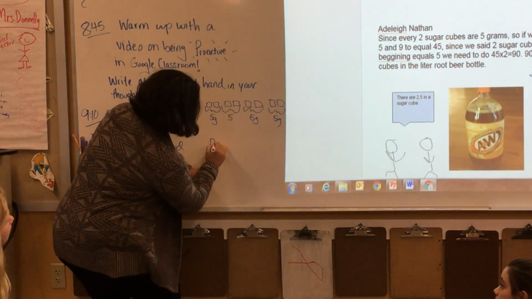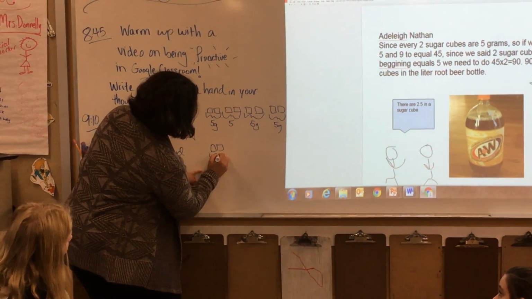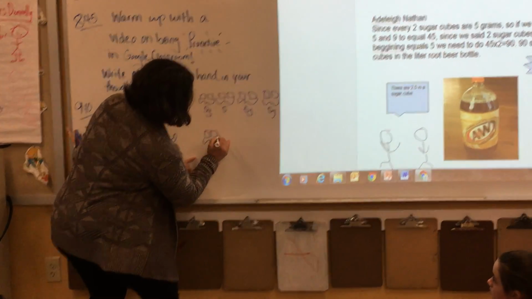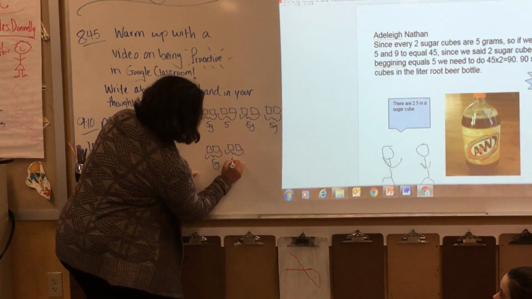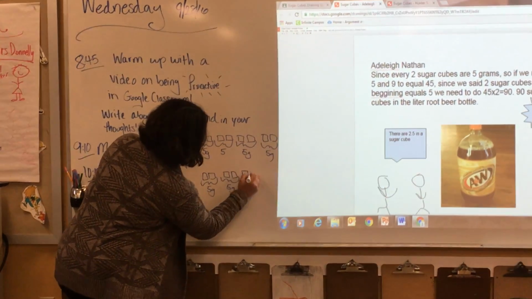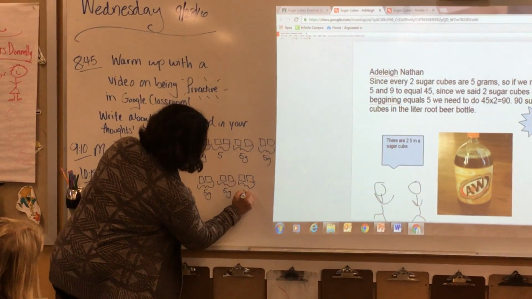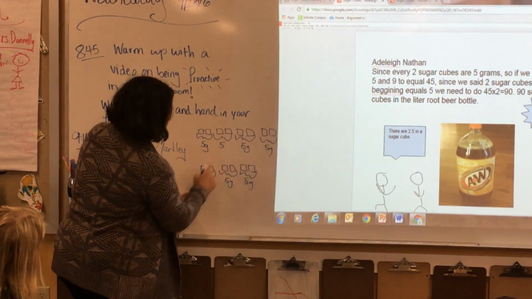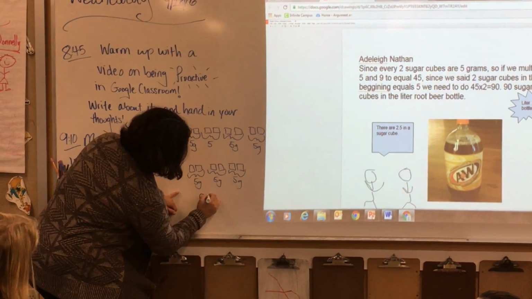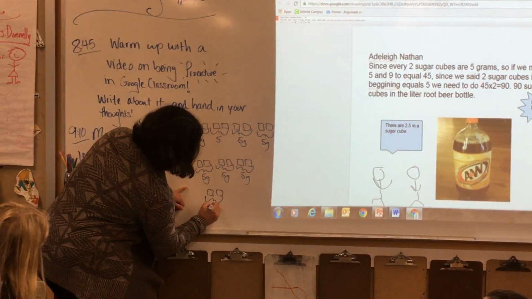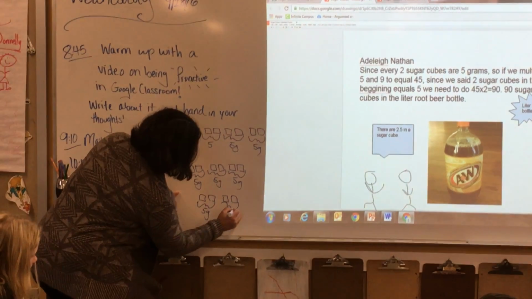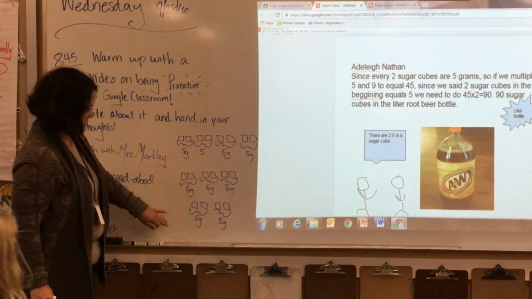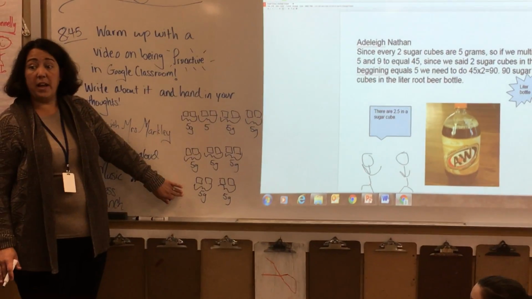This is going to take me forever to draw. So can we start to see this pattern? 9 of these groups of 2 get you to 45. So we have 1, 2, 3, 4, 5, 6, 7, I need 2 more. 9 of these groups of 2 sugar cubes get us to 45 grams of sugar.